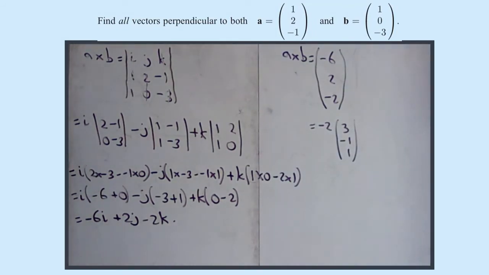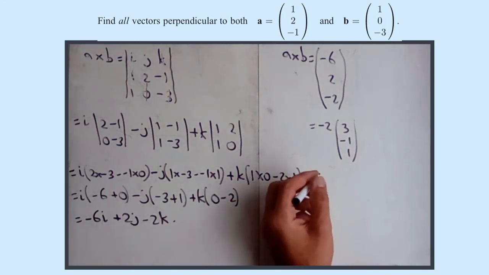That -2 just dictates direction and scales it up by 2. So we can replace it with a general scalar, k, though you could call it a lot of different letters, certainly not A or B in this case.